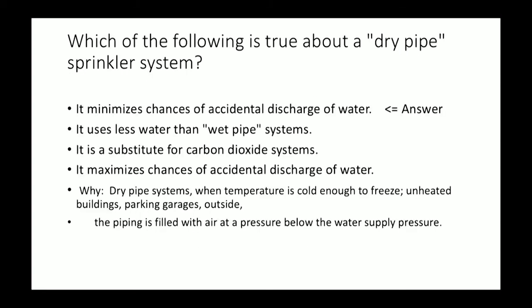This question talks about dry pipe sprinkler systems. Dry pipe is mainly used in cold weather, like an outdoor parking lot. Basically, the pipe is filled with air at low pressure, which is for stopping the water from leaking.